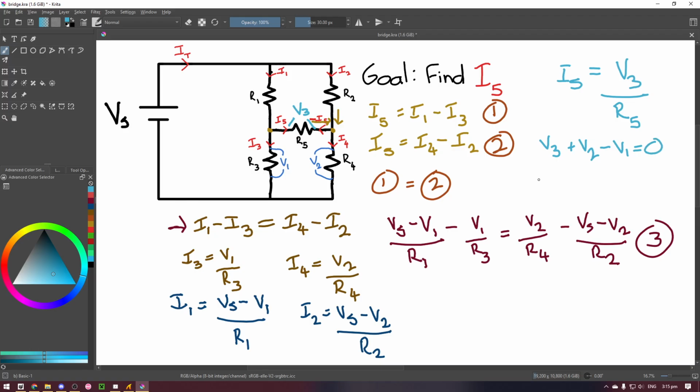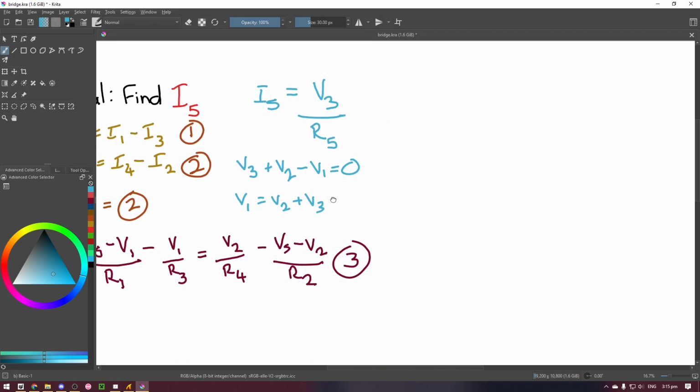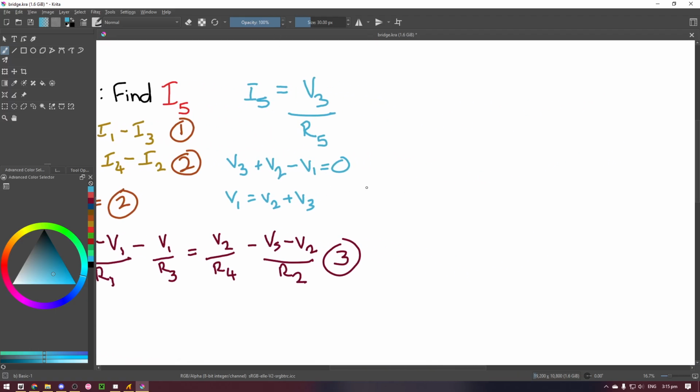We can rearrange this as V1 equals V2 plus V3. Now, V3 is actually I5 R5. So we have V1 is V2 plus I5 R5.